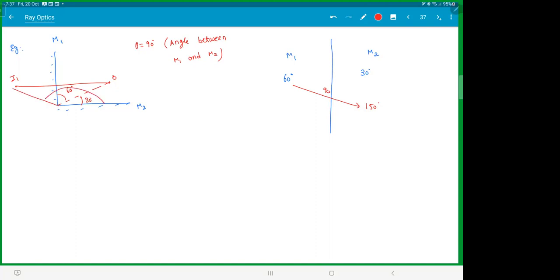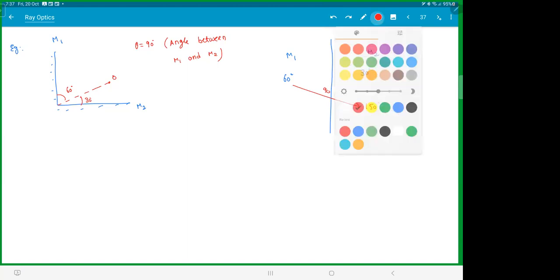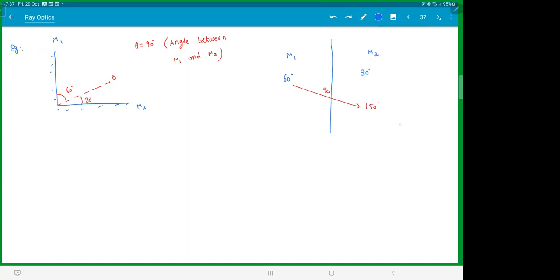Are you getting it? So that is an angle in M2 at 150. The meaning of this is, with respect to M2, the image is at 90 degrees. So it is like this. M2, this angle is 150 degrees.